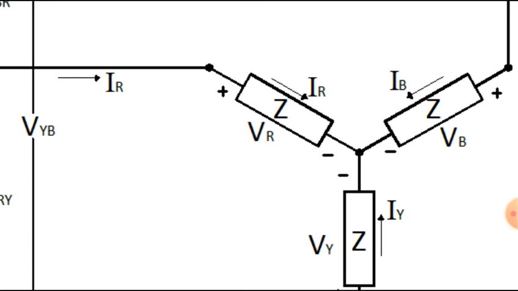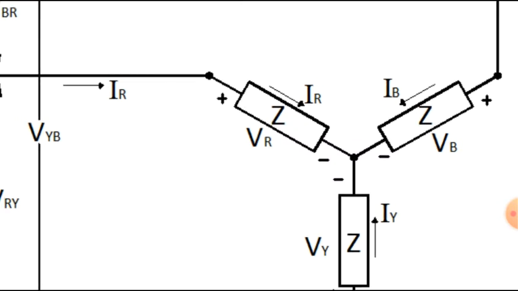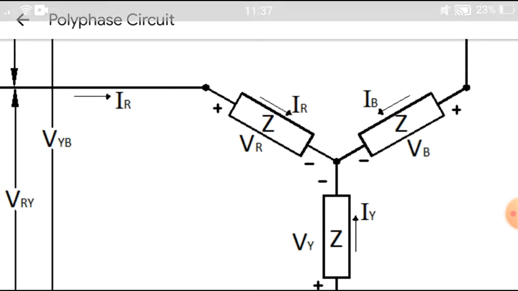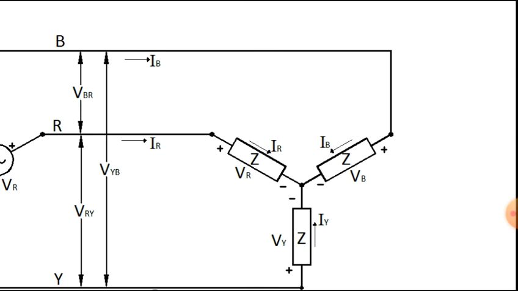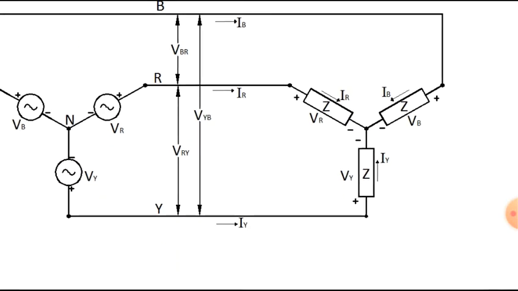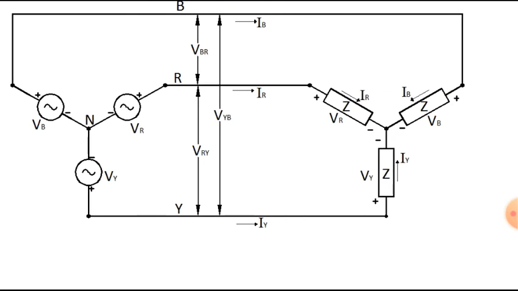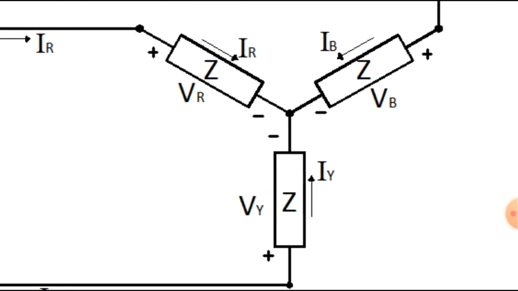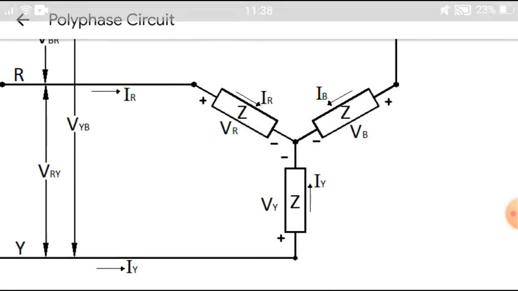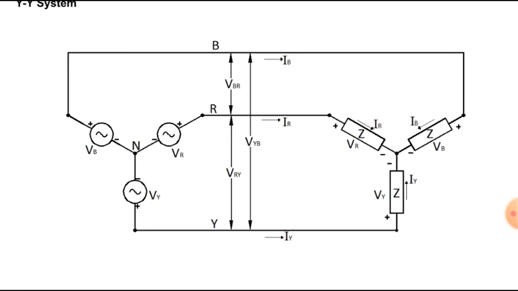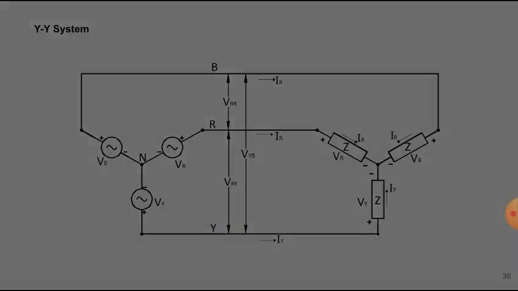It's the same current that's flowing from the source side to the load side. So if we multiply it with Z, you come up with VR. So if we want to solve for IR, we just use Ohm's law, IR is just equal to VR over Z. And that will be the line current, and so on. But remember, if you check your answer here, if you add IR, IY, IB, it should always be equal to 0. Why? Because it's a balanced load or balanced system.